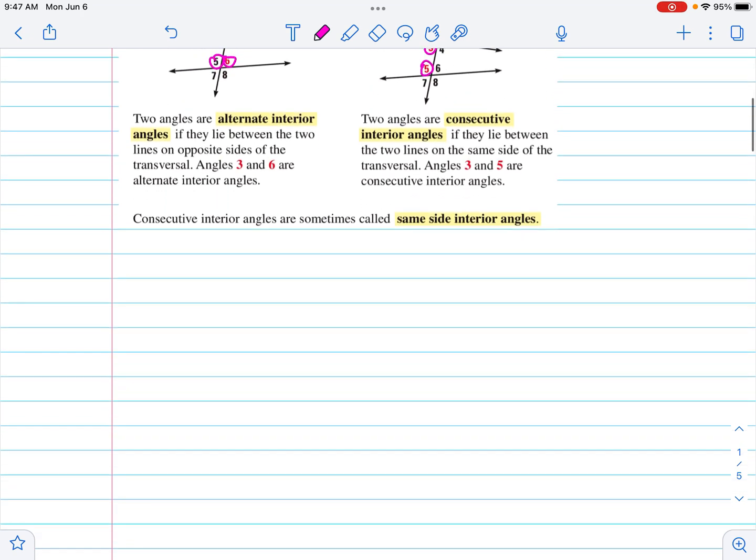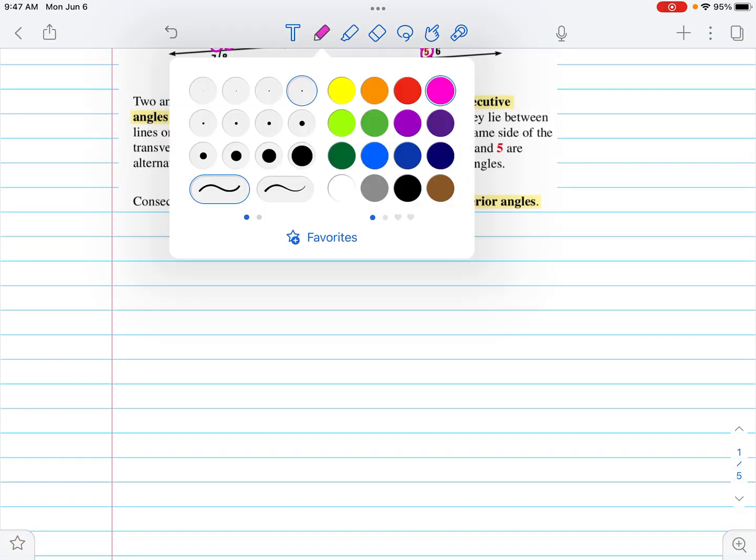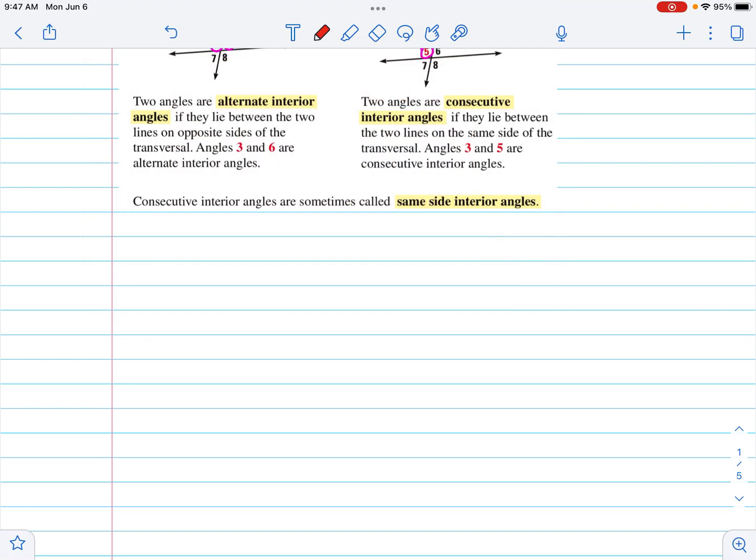Now, what we're dealing with here is parallel lines cut by a transversal. So let's suppose I've got a line here, and let's suppose it is cut by a transversal. There we have it.